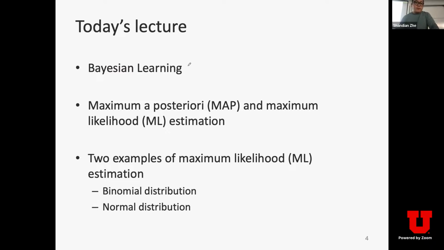Then we'll introduce two commonly used frameworks in Bayesian learning: maximum a posteriori estimation, also known as MAP estimation, and maximum likelihood estimation, MLE. If you have taken any statistical class before, you might have already heard these two types of estimators. Then we'll give two concrete examples for maximum likelihood estimation: one based on the binomial distribution, the other on the normal distribution.